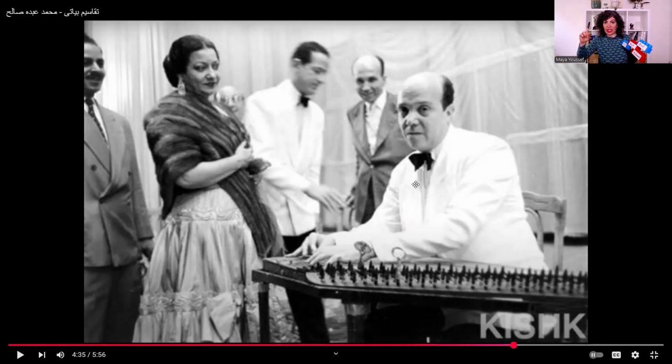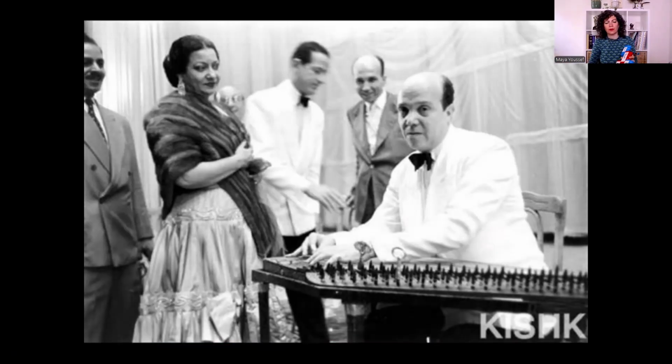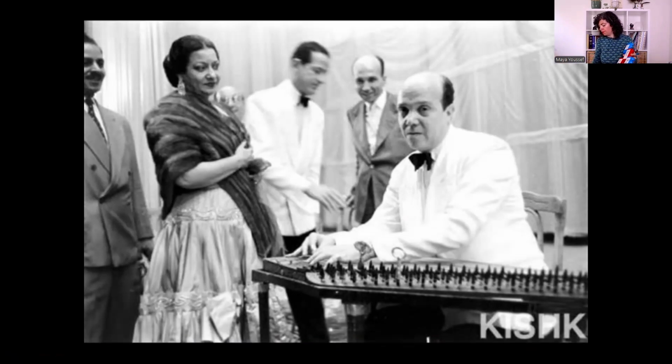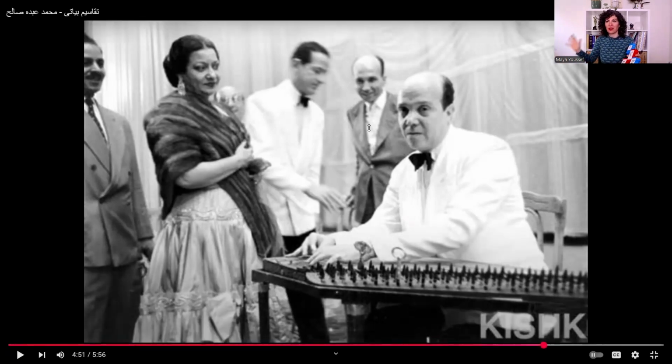Here's the Hijaz again. That's Hijaz in the branch. Very fast iteration of Hijaz. That's the Hijaz again. So he's dancing between the Hijaz in the branch and Bayati in the root.